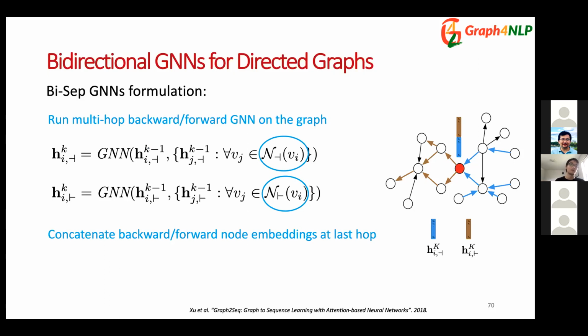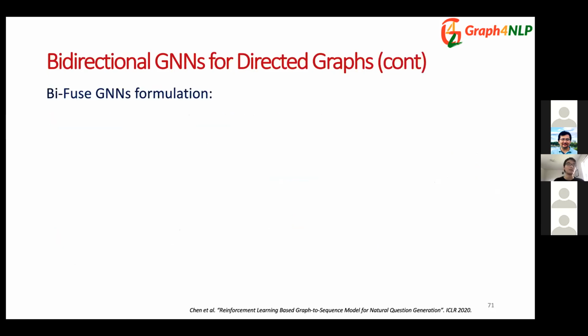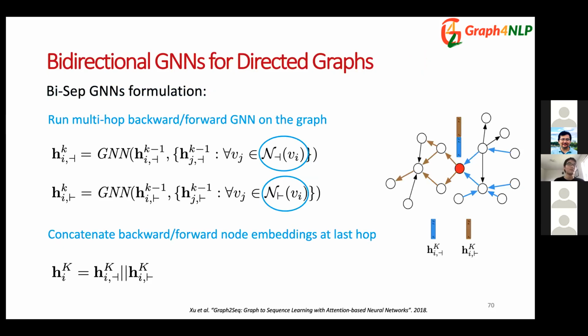Then we get the backward node embeddings and the forward node embeddings at the last hop of the GNN. Once we get these two node embeddings from two directions, we can simply concatenate them to get the final node embeddings. As you can see, this is very similar to how BiLSTM models work.